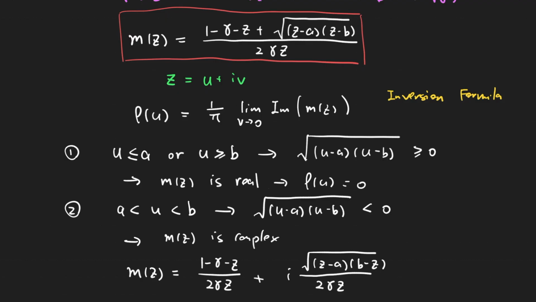But actually in here we can replace z with u, right? Because we only consider the case where z equals u plus i times 0, right? There's no imaginary part. So I'm just going to replace all this z with u.